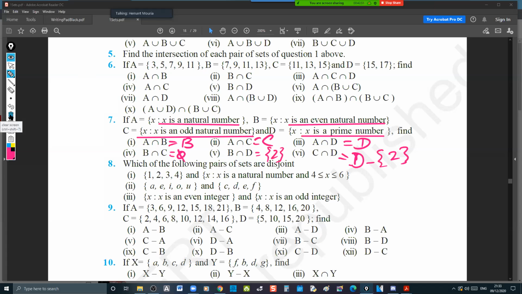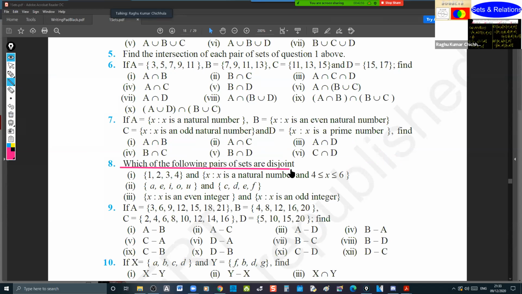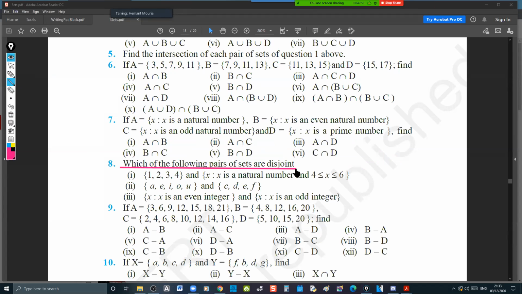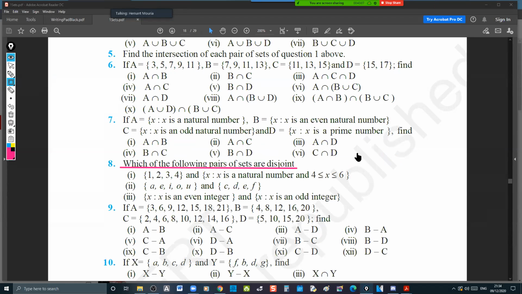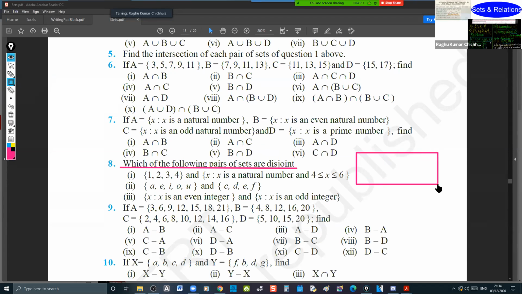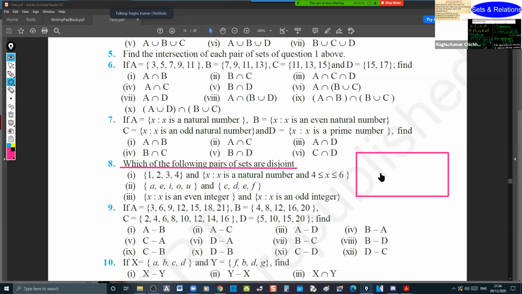Which of the following pairs of sets are disjoint? What is the meaning of disjoint, please? They're parallel to each other. Null set. That means their intersection is null. Nothing is common. You have to say it like that. So tell me the first one then.